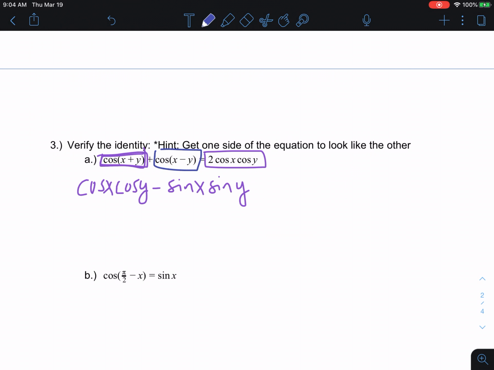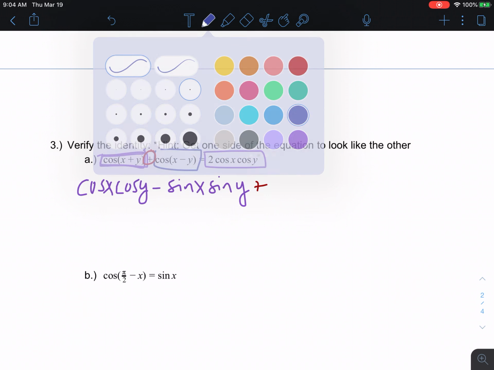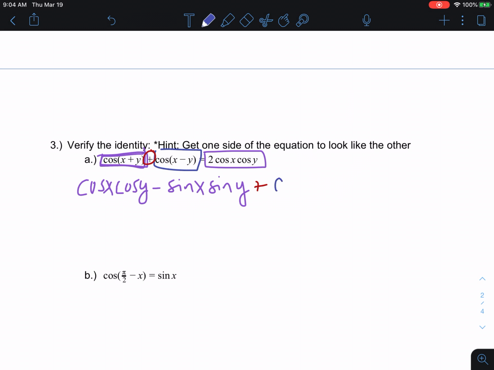Now I'm going to add, because I have this addition sign here, the next identity, which will be cosine x cosine y plus sine x sine y. And now I've just expanded this whole thing, and we can try to simplify.